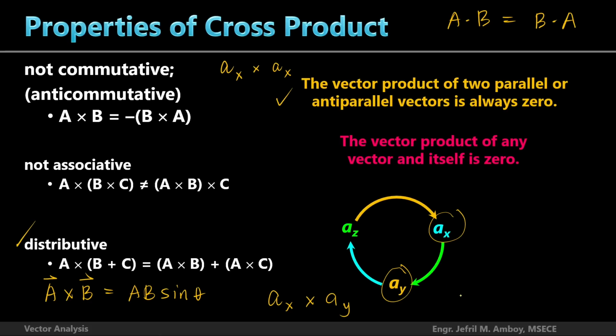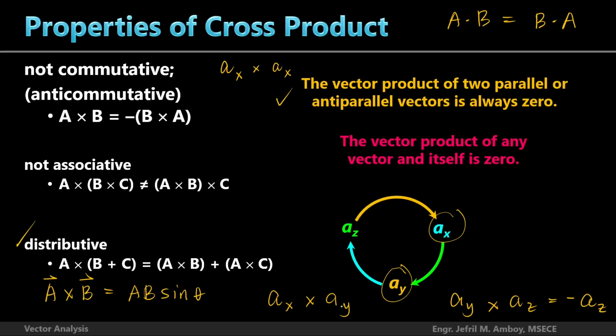But if we reverse the order and get the cross product AY cross AX, again, the remaining unit vector is AZ. But this time, the answer would be negative AZ. So here we can see that this rule applies: if we reverse the order of the two vectors in a cross product, our answer becomes the negative of the original.